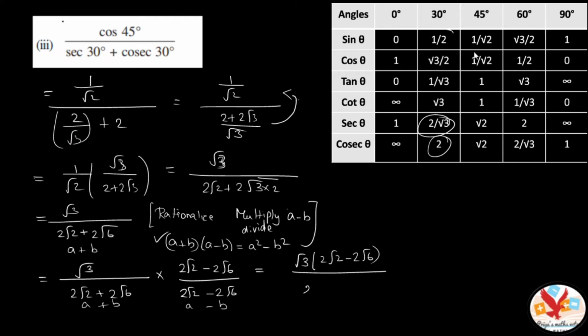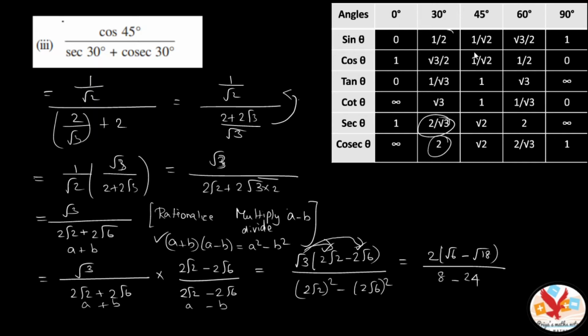Therefore a square is 2 root 2 the whole square minus 2 root 6 the whole square, which implies here take the root 2 outside and bring the root 3 inside. 2 is common here, take the 2 outside and bring the root 3 inside. Root 2 into root 3 is root 6, minus root 3 into root 6 is root 18. Okay, by 2 into 2 is 4, 4 into 2 is 8, 8 minus 2 into 2 is 4, 4 into 6 is 24.